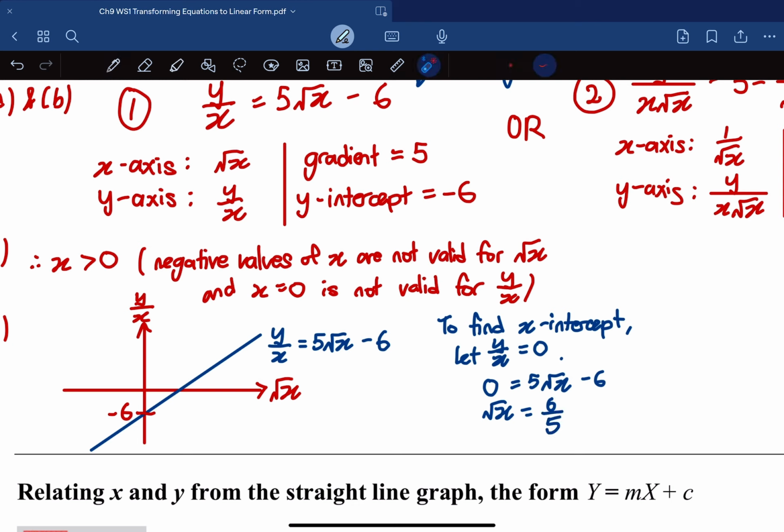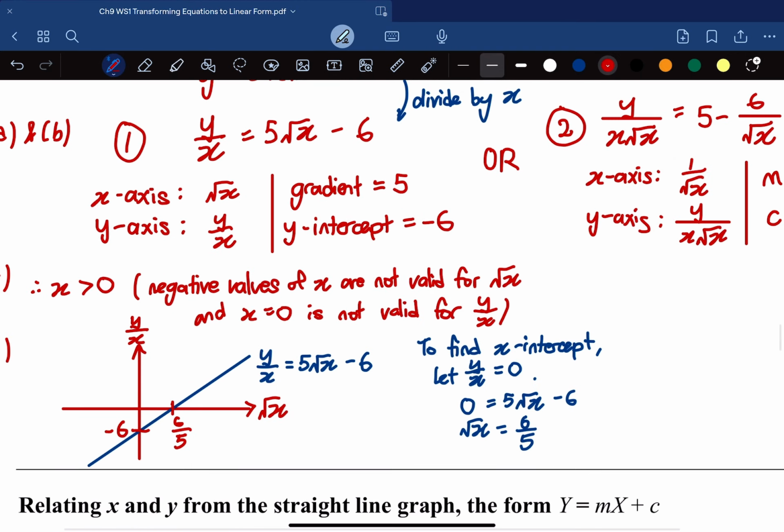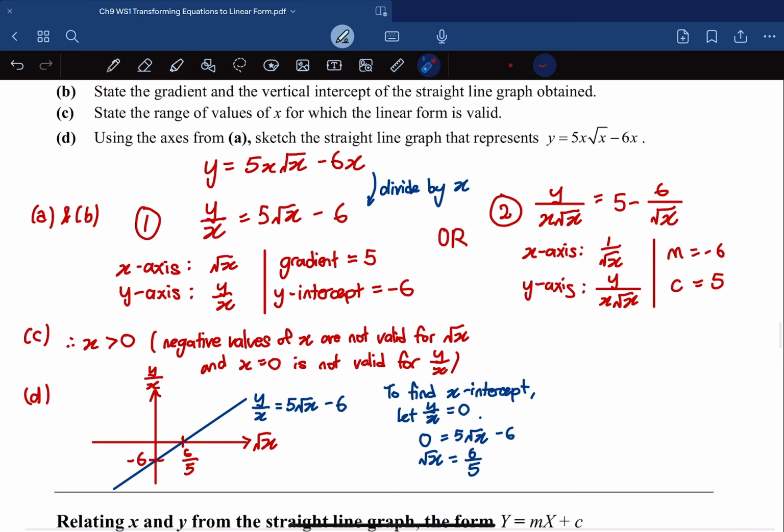This is your x-intercept now, not x but root x. So this value here is 6 over 5. Remember, the reason why it is not x but root x is because when I convert this to a straight line graph, your x-axis becomes root x, not x. So this is how we find the x-intercept in this case.